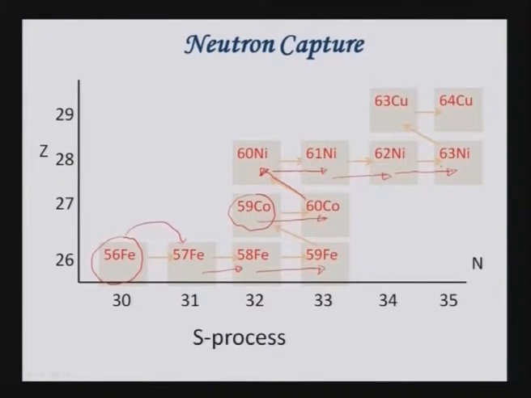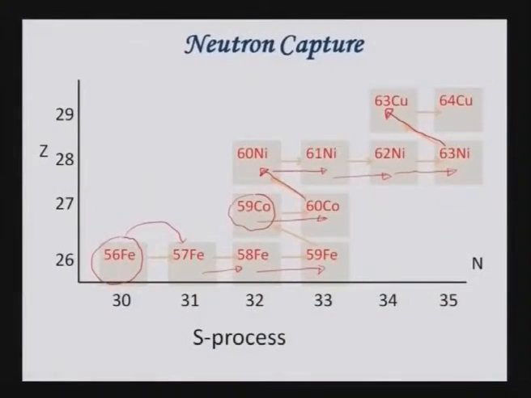So, these slow neutrons, slow means slow in time, neutrons are coming once in a while. That is why slow does not mean here that they are moving with low speed. Slow means the process is slow, this whole process is very slow. It takes years and years for a fresh neutron to come and get into it.